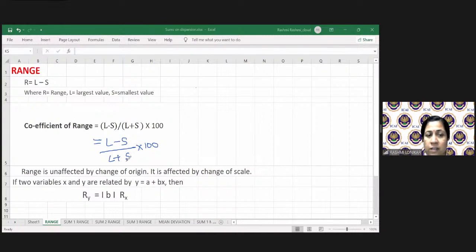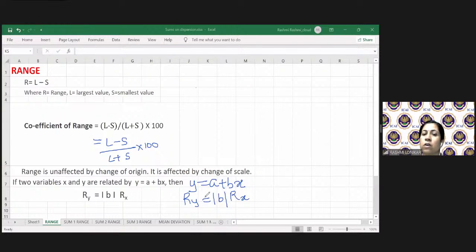Very important is the next line that I'm talking about. Range is unaffected by change of origin. It is affected by change of scale. So that means if my equation is y equals a plus bx, then range of y is equal to mod of b into range of x.